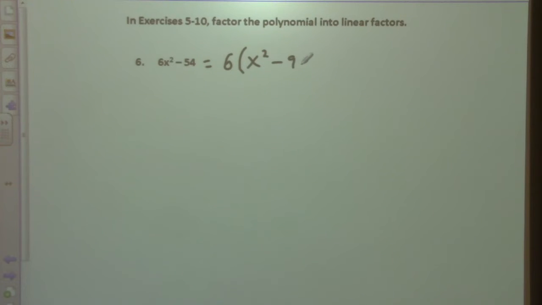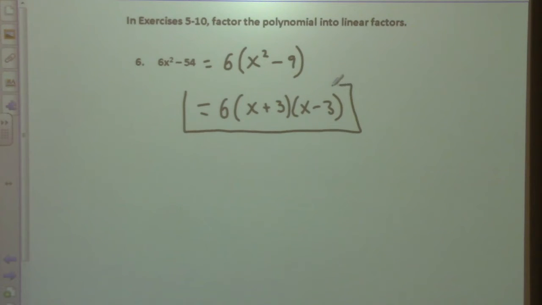Okay, and next, x plus 3, x minus 3. Any additions or suggestions to that? Okay. All right, very good. Good job, Robert.